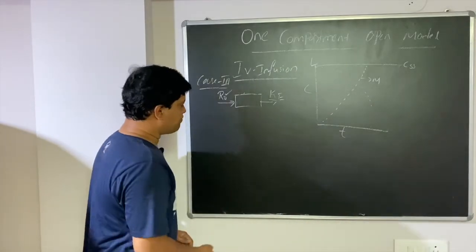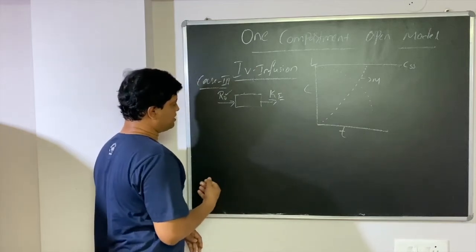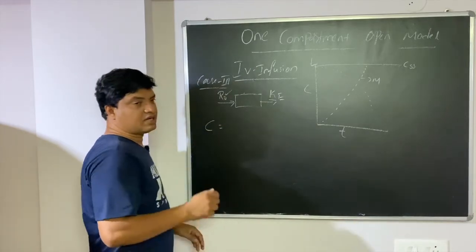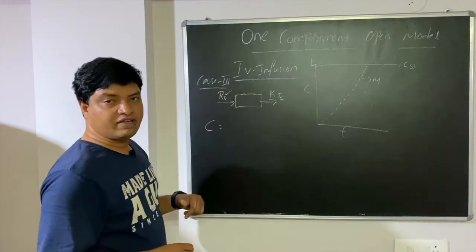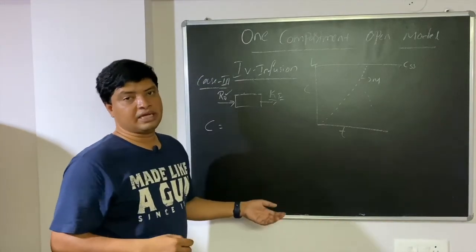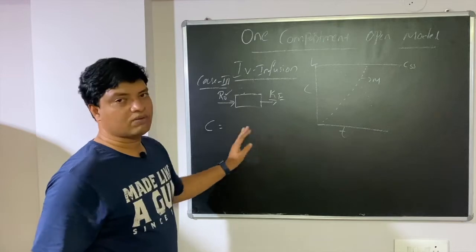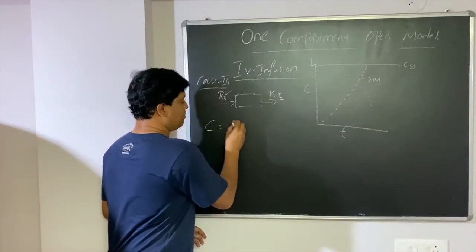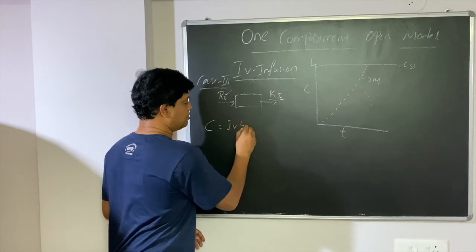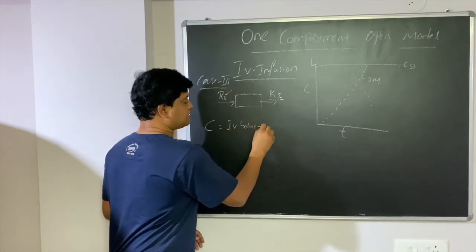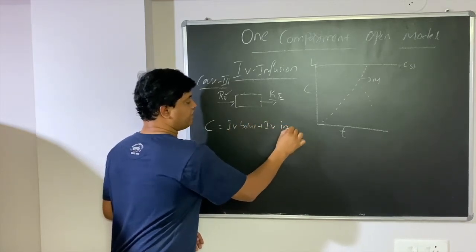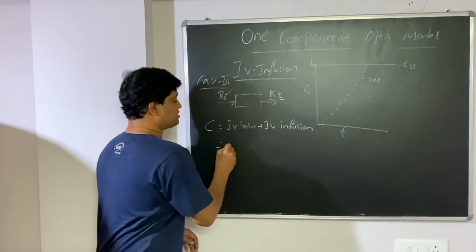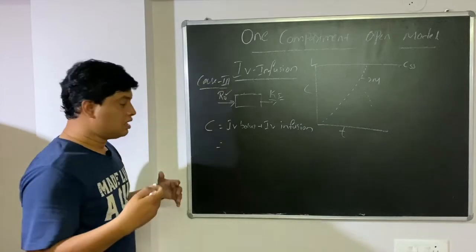So what is the equation for this? To write that equation, the concentration of the drug in the body when we give the IV bolus and IV infusion, we need to write two equations here. One is for the IV bolus, plus the other is for the IV infusion. Now write the equation for IV bolus and IV infusion.